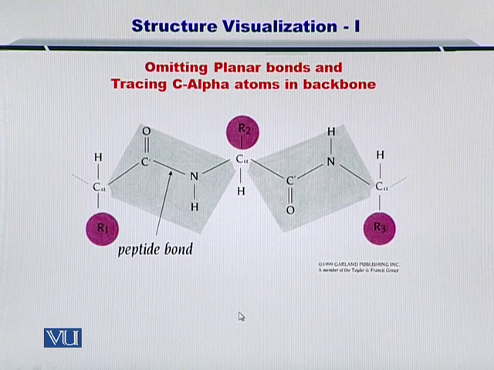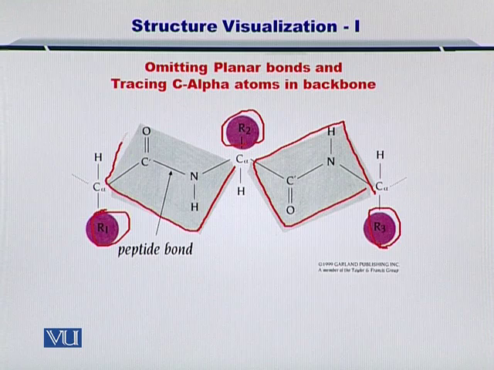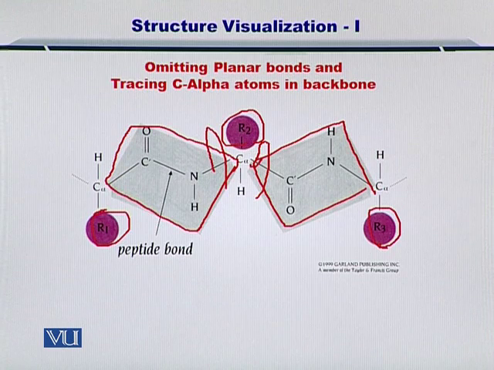So if you look at the planar bonds here, then you can clearly see three side groups, R1, R2, R3, and this is fixed and rigid, and this peptide bond is also fixed and rigid. So the only rotation that can happen is along these two bonds.